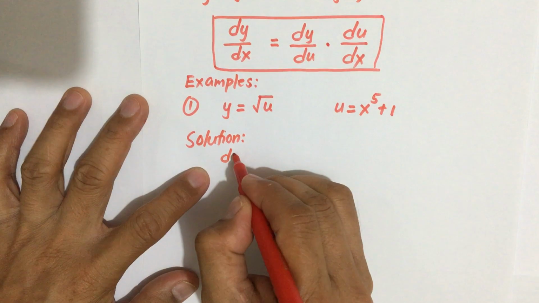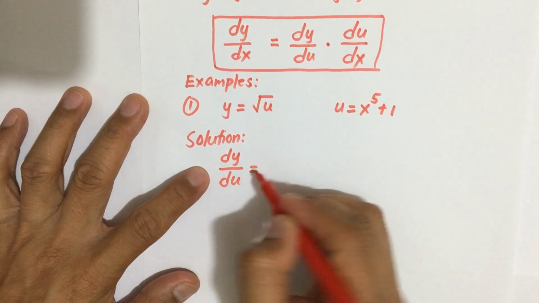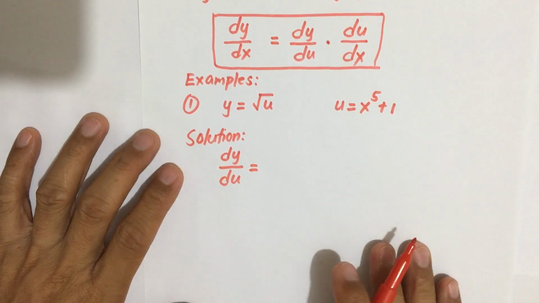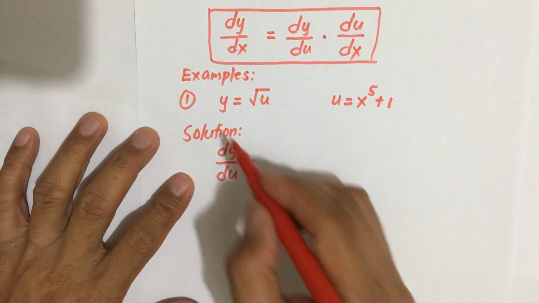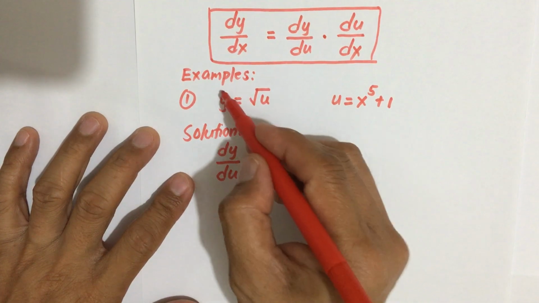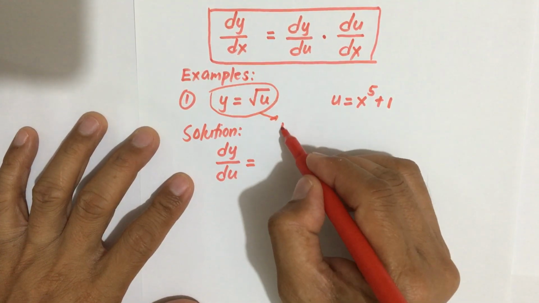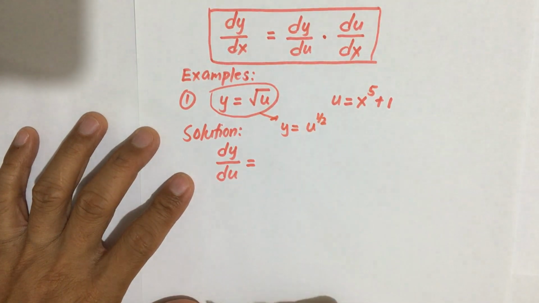So what is the derivative of y? The derivative of y with respect to u is equal to, so this is a radical, so we will apply the power rule. You express this in terms of rational exponent. So this is the same as y equal to u to the power 1/2, right?